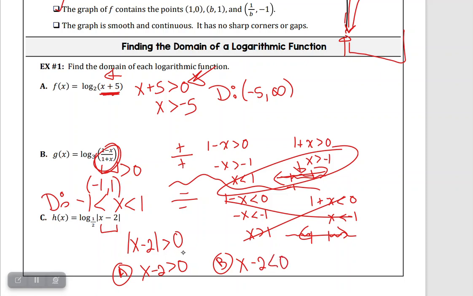Now, normally, this would be that number, and then we negate this, but positive 0 and negative 0 are the same thing. So x is greater than 2, and x is less than 2. So what we have here is negative infinity to 2 union 2 comma infinity for the domain.